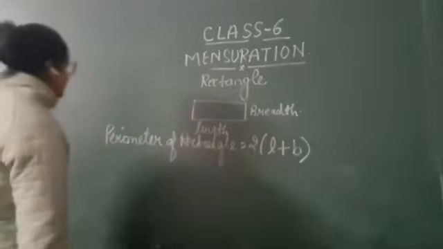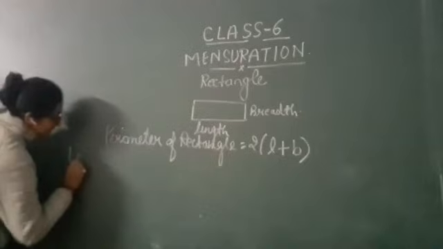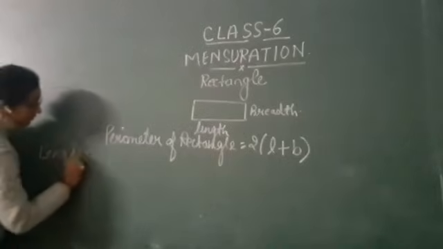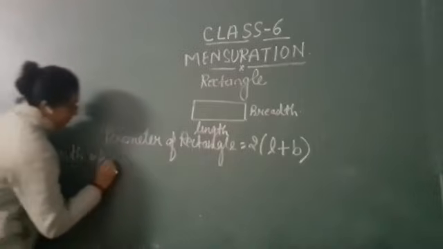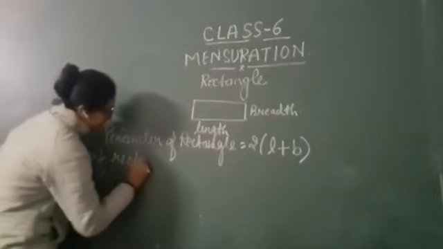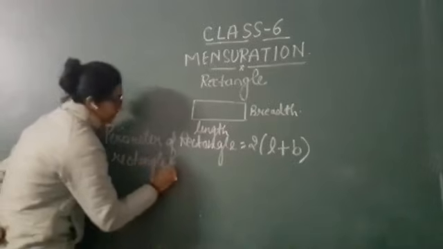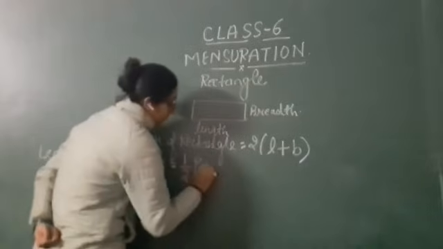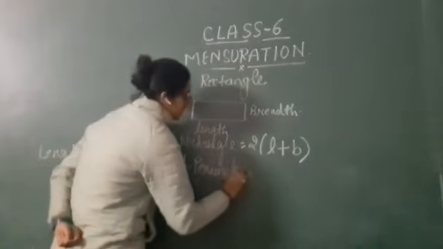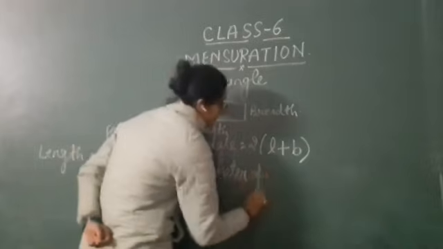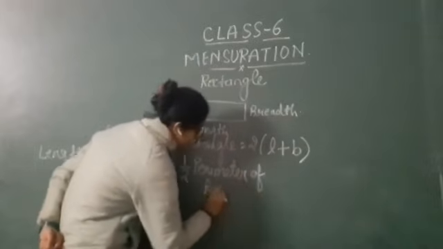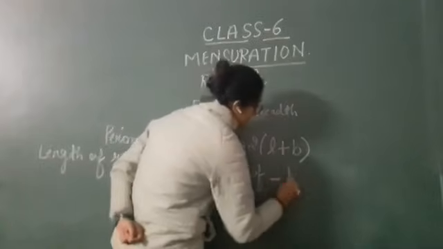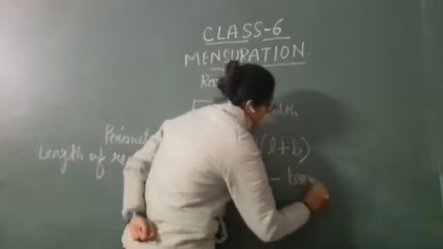One more formula we have to apply: length of rectangle is equal to 1/2 perimeter of rectangle minus breadth.